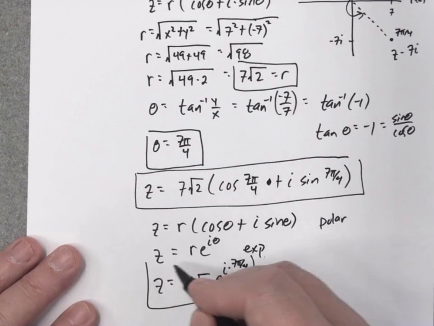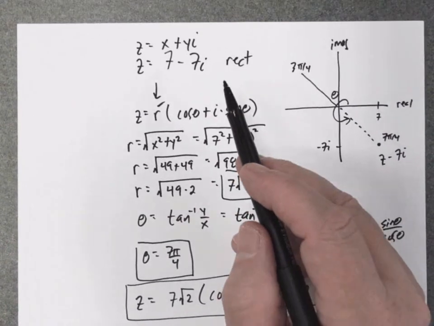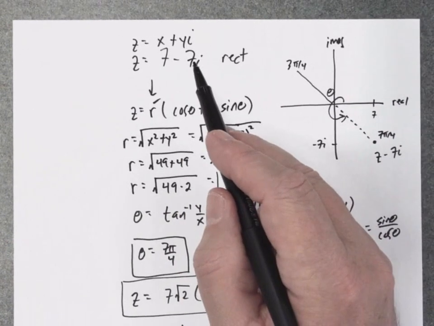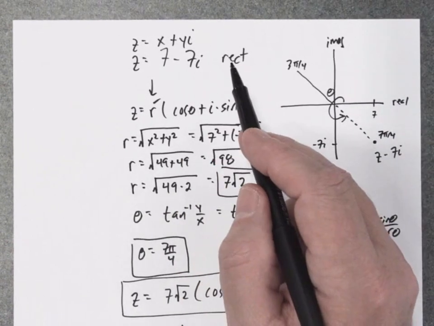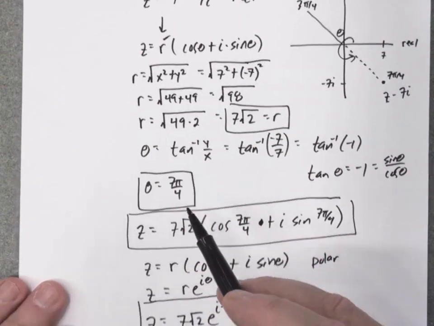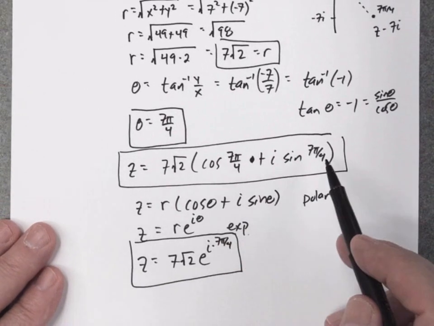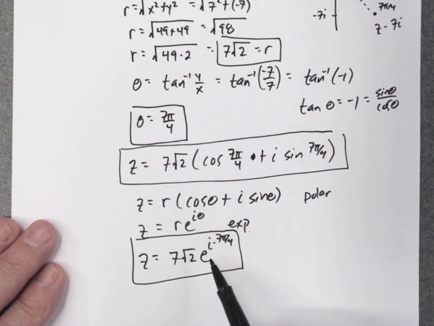So there's the exponential form. So we began with a complex number in rectangular form. We found r and theta. Once we did that, we were able to write the complex number in polar form and then in exponential form.